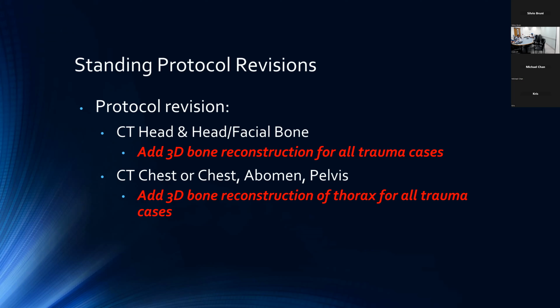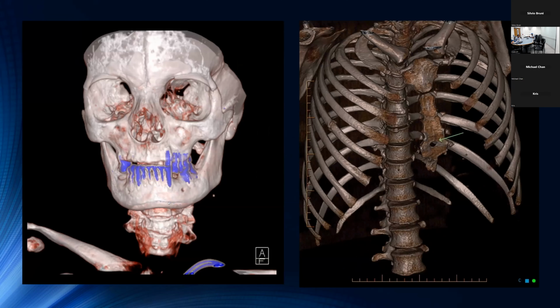For heads and facial bone, a trauma-specific CT head or CT head and facial bone protocol will be constructed on the scanners to be used in cases of trauma, so that they include these 3D bone reconstructions by default. So here's just a couple of examples of those 3D recons.